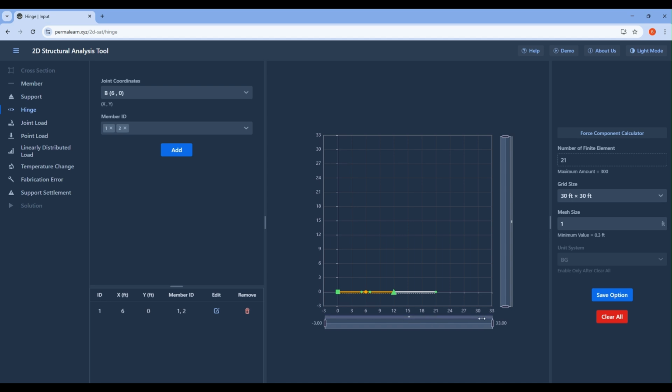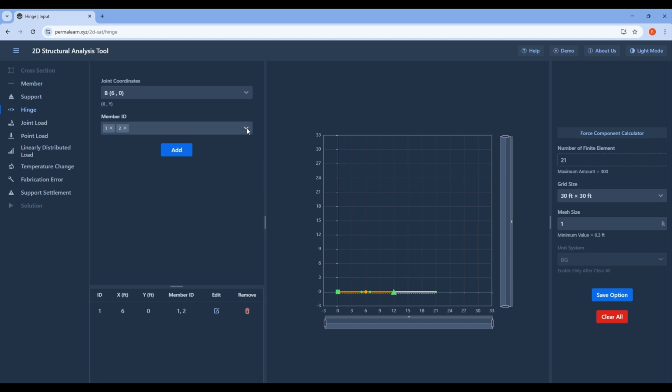As you can see, after you add the hinge, you will see this small dot, which is referring to the hinge. And if your hinge is connected to 3 members, it will show three small dots.